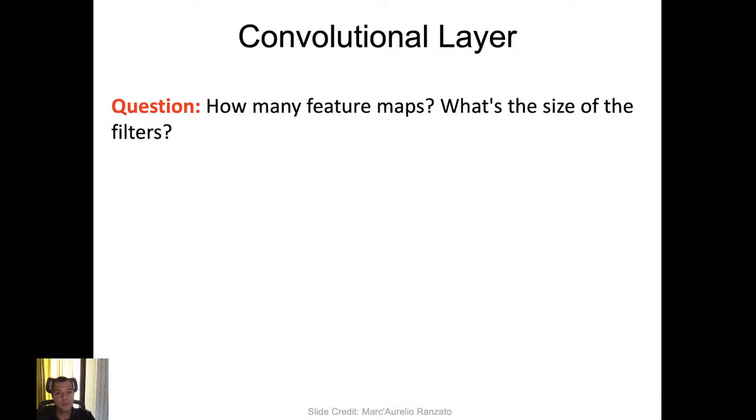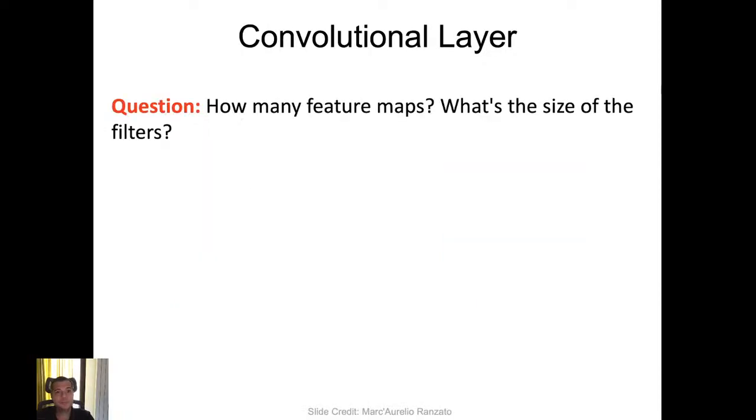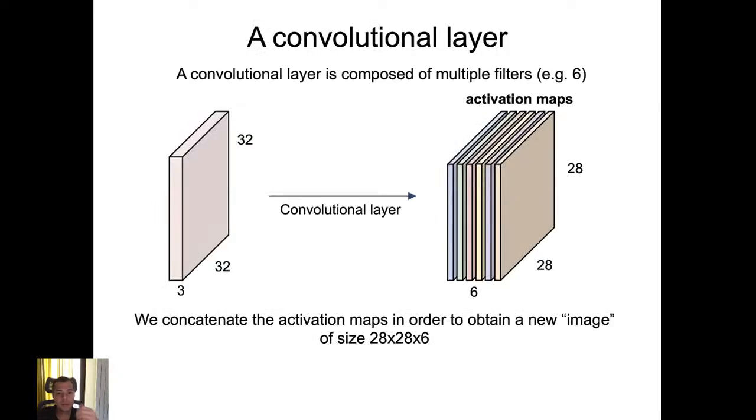Okay, and we discussed previously the feature maps. So in the end, the size of the filter is equal to the spatial support, also taking into account in the third dimension the number of input features.